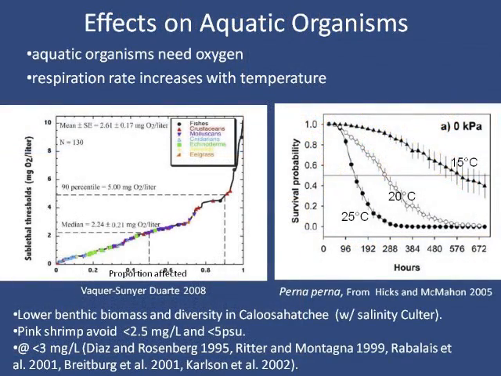Hypoxia is bad because it affects benthic organisms such as fish, fauna, and invertebrates like shrimp. The graph on the left shows that the level of oxygen that most species are affected by is over 2.28 milligrams per liter.